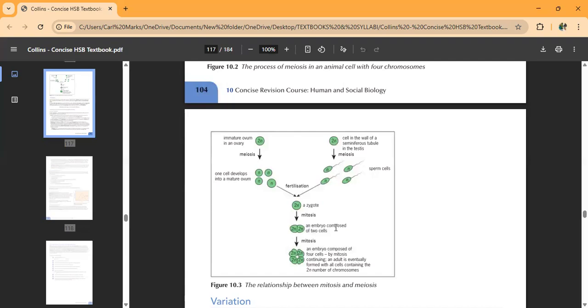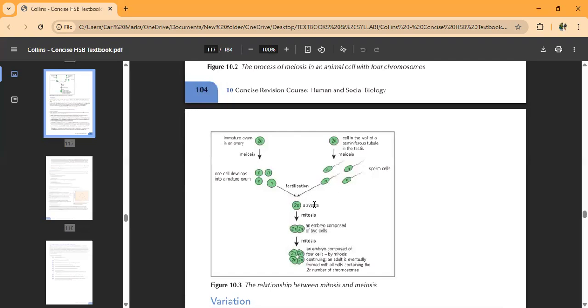Do you understand, students? That first cell that the sperm and the egg make when they combine is called a zygote.